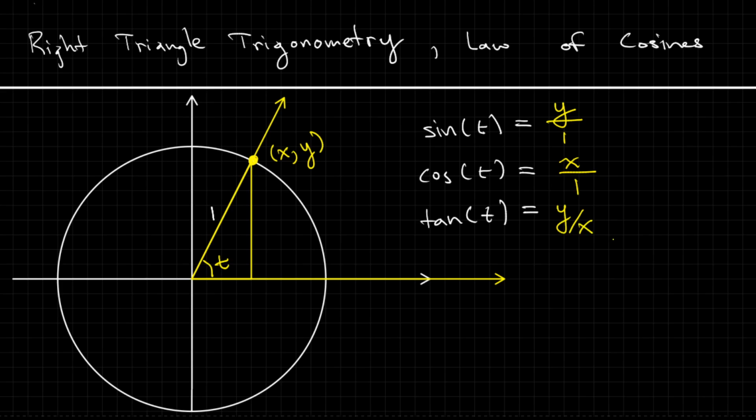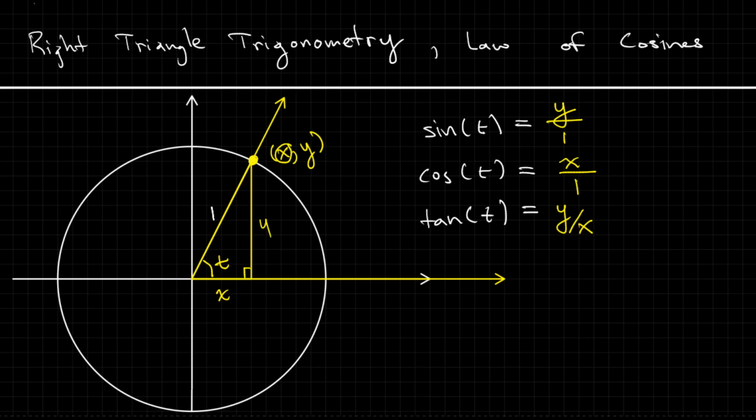So far none of this is new except I've drawn a triangle, specifically a right triangle, in my drawing of this angle. I do want to make some observations about the lengths of this triangle. So this x is the x-coordinate, that's going to be this length here, this horizontal side of my triangle.